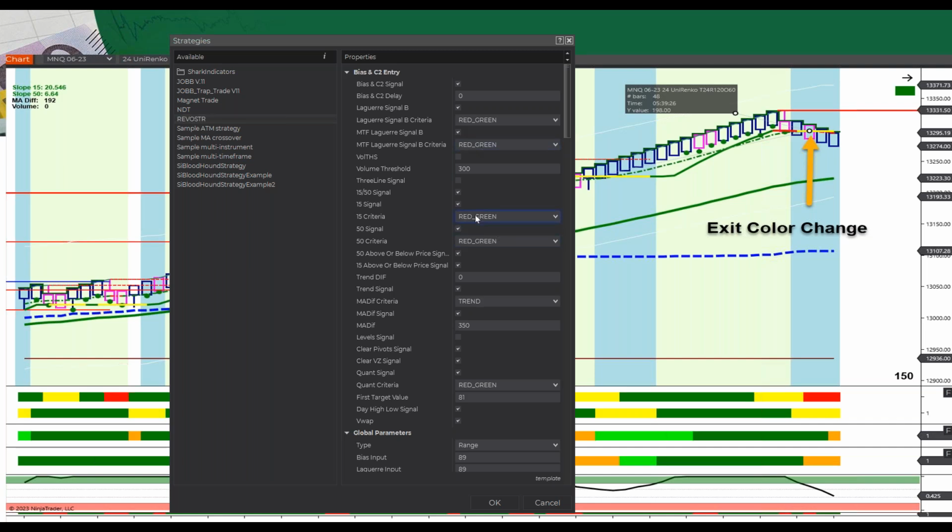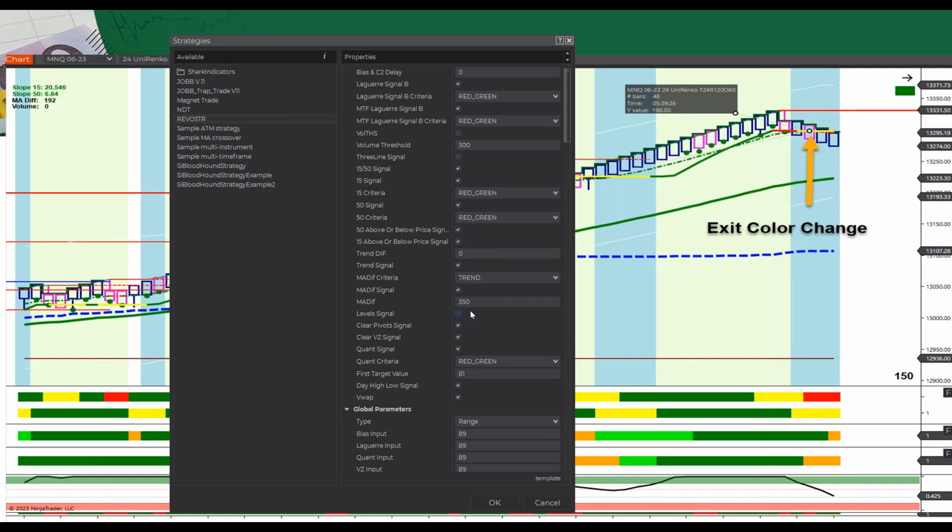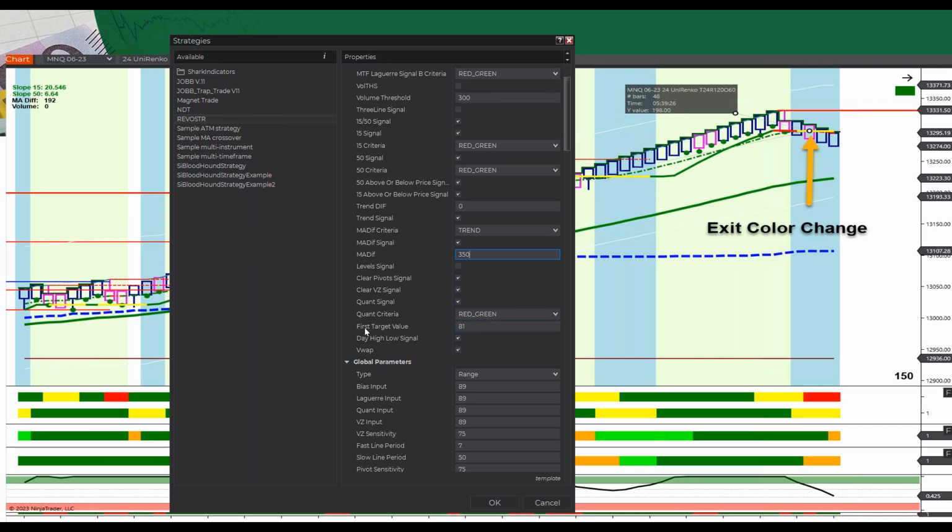All this other stuff, the 15 criteria, the 50, we want those in agreement. We want the MA diff at 350. I'll explain to you what the MA diff is. I can't pull a chart over right now, I'll explain in a minute. Then we want the quants. We want them red or green.